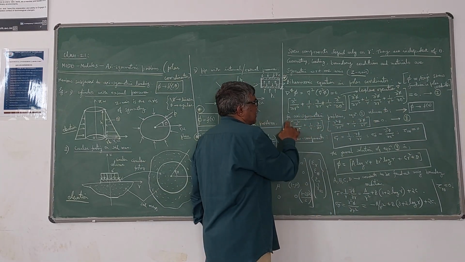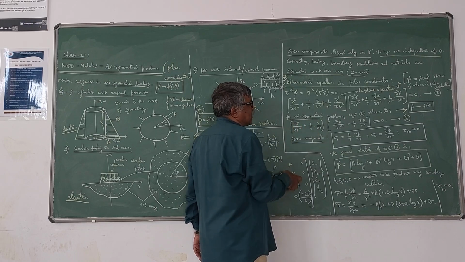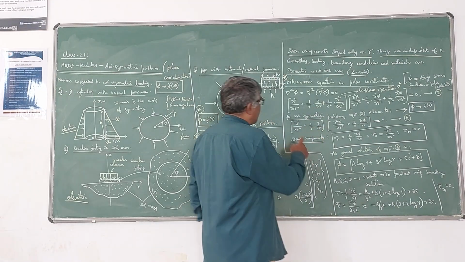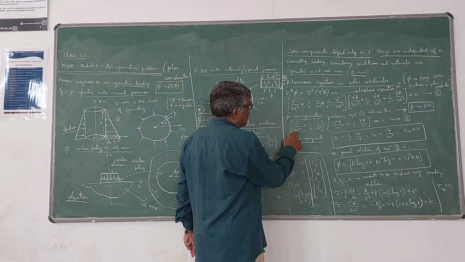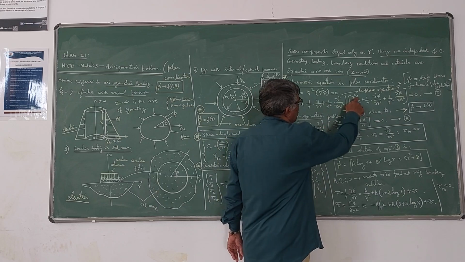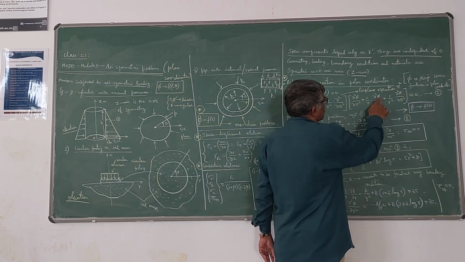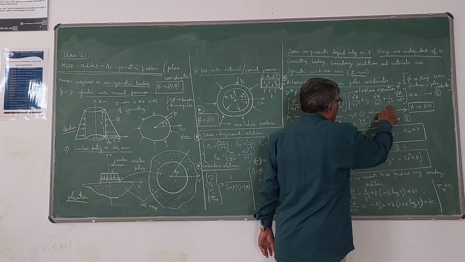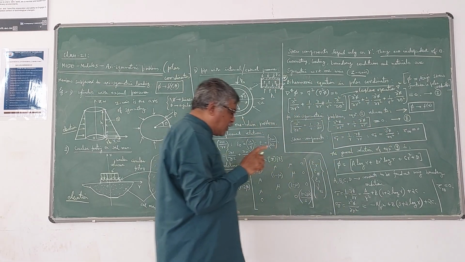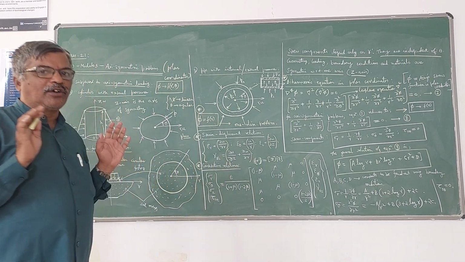So in the case of the axisymmetric problem, the biharmonic equation reduces to (∂²/∂r² + (1/r) ∂/∂r)(∂²φ/∂r² + (1/r) ∂φ/∂r) = 0. The theta term will not be there, because phi is independent of theta.